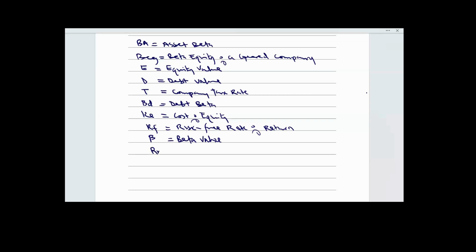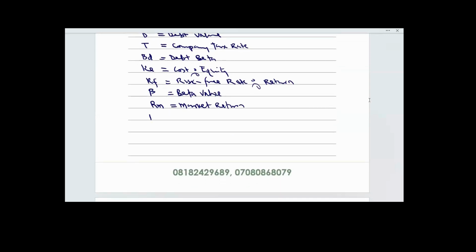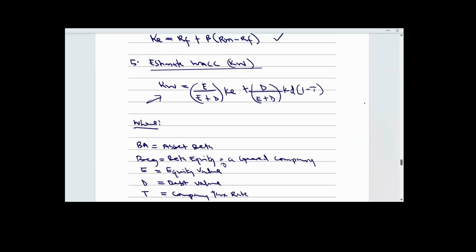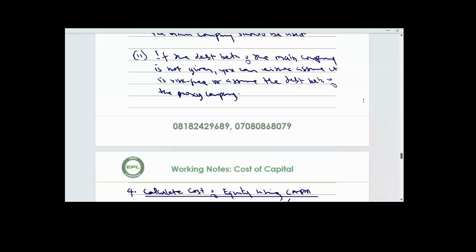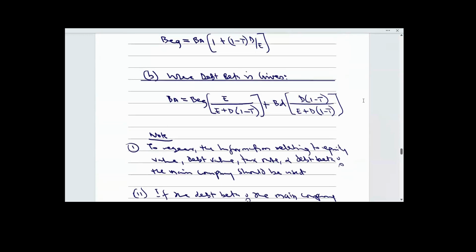Then we have RM, which is equal to market return. Then the difference between market return and the risk-free rate of return is called market risk premium. So these are the letters that we have used so far, and I've explained them. I think that's it.